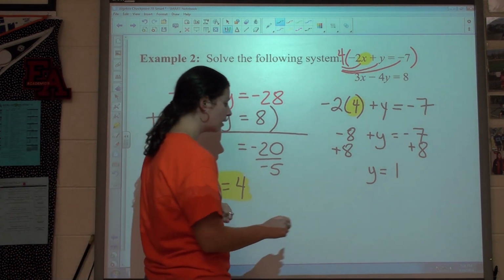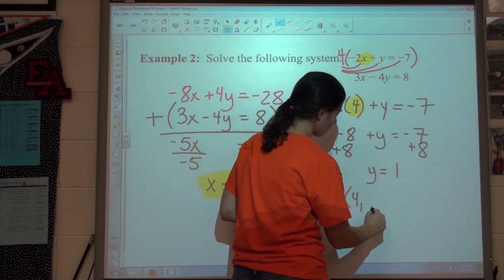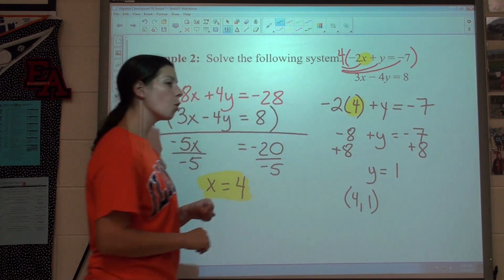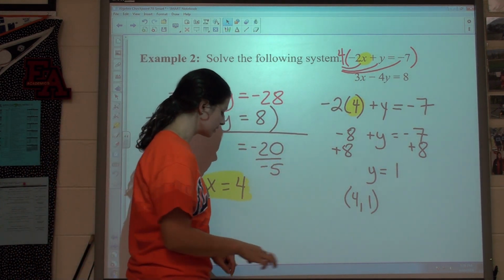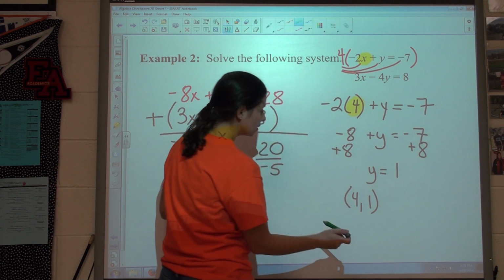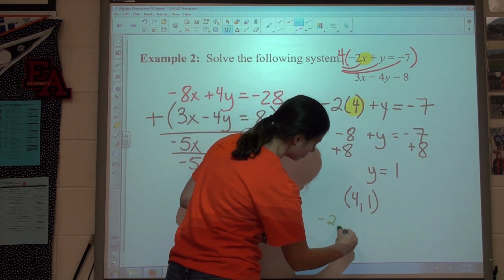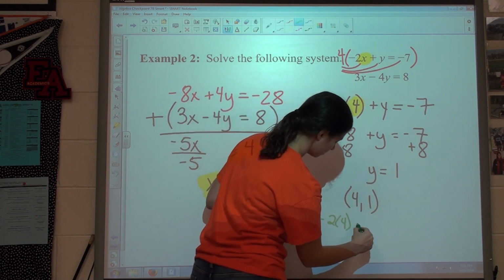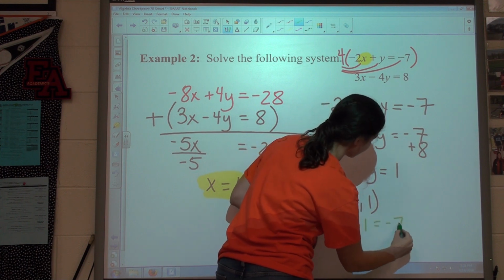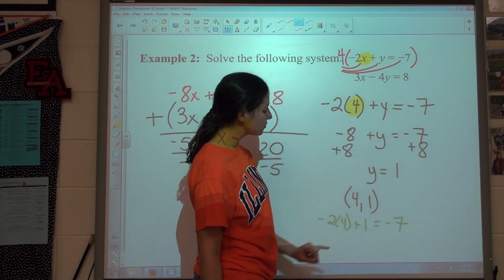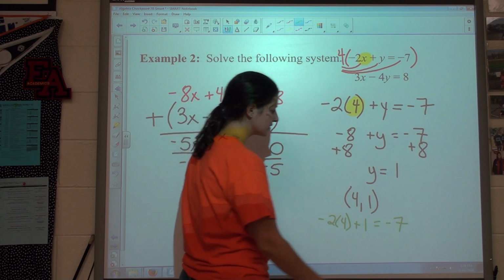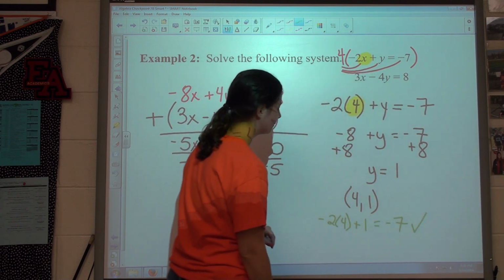So I think my solution is 4, 1. But of course, I want to check and make sure my answer is correct. So I have negative 2 times 4 plus 1, and I want to see if that gives me negative 7. Negative 2 times 4 is negative 8, plus 1 is a negative 7. So it works for that one.